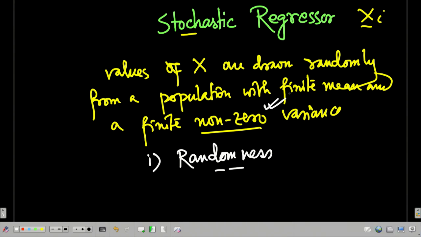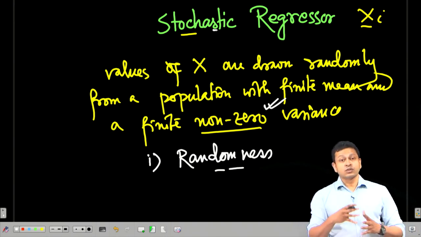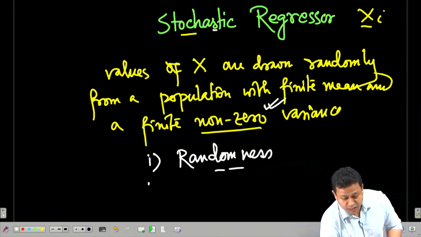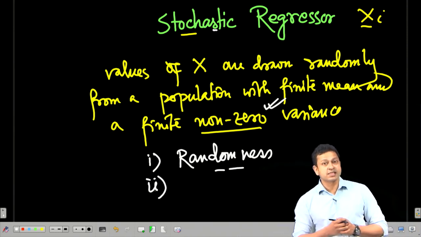Now, when I say that they are stochastic, they are random, then I will actually allow the regressors to vary together. So, there could be a joint probability distribution of the xi's, which was absent in the previous case.